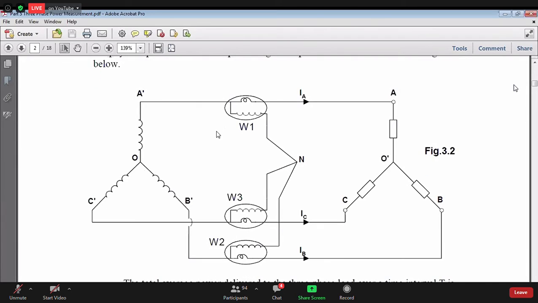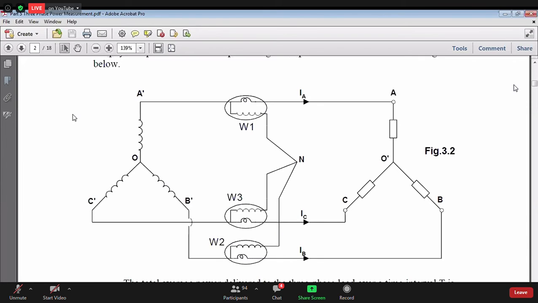Now, here is a connection that we are showing. A very interesting connection. Now, the first question you can always ask me is, why are you showing only star connection? The answer is very simple: it doesn't matter whether it is a star or a delta, because I can always convert a delta to a star.